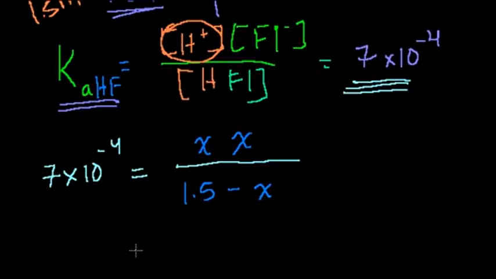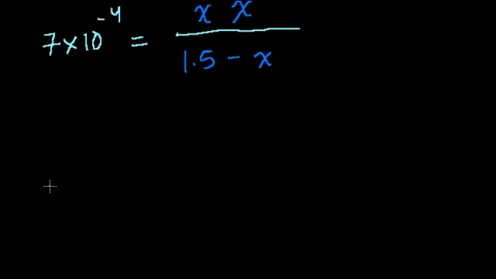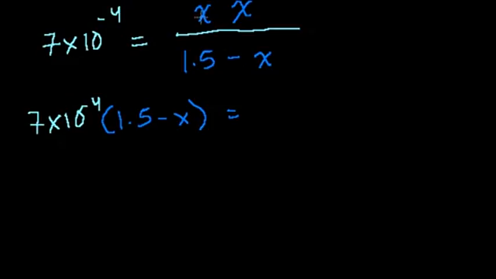So we get 7 times 10 to the minus 4. Let's multiply both sides times 1.5 minus X. So 7 times 10 to the minus 4 times 1.5 minus X is equal to X times X, which is X squared. And if we multiply 7 times 10 to the minus fourth times 1.5, that's 10.5.